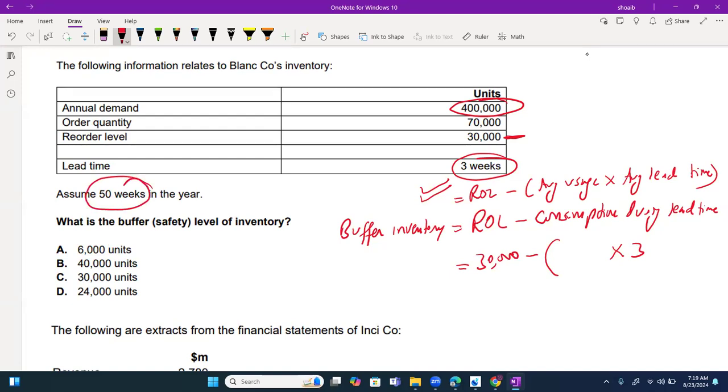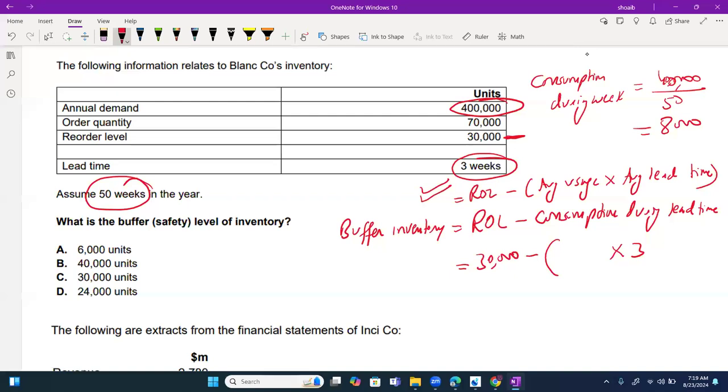So if we divide the annual demand over the 50 weeks, we can identify consumption during a week. 400,000 divided by 50 is 8,000. So there is a consumption of 8,000 per week.